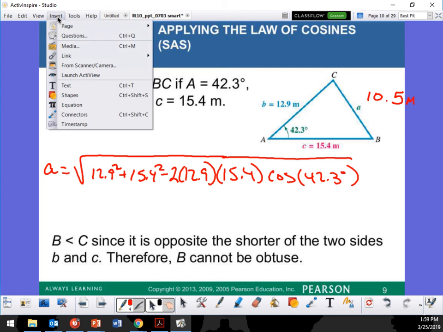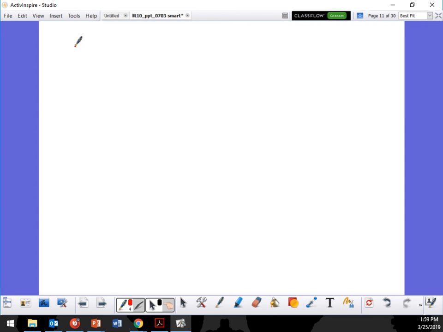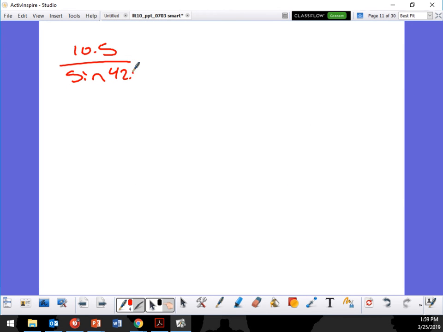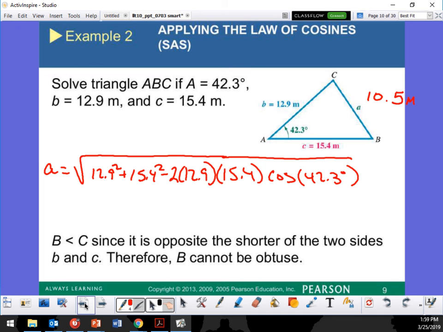So 10.5 over sine of 42.3 is equal to, what do you want to solve for, B or C?